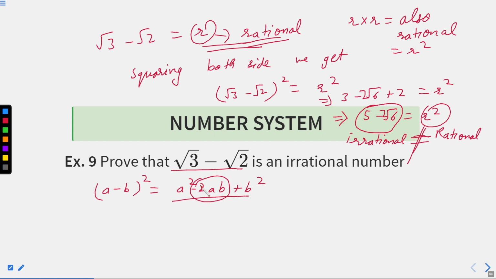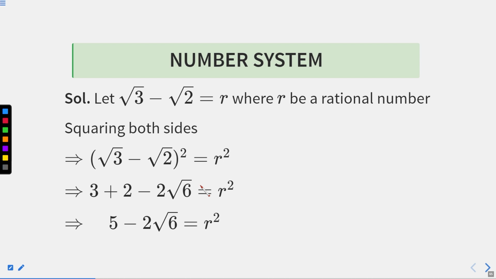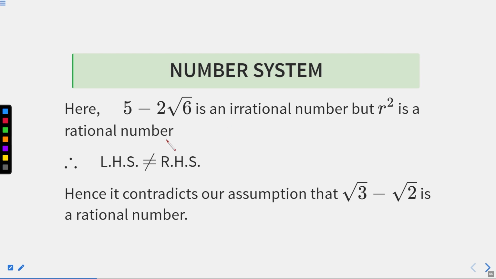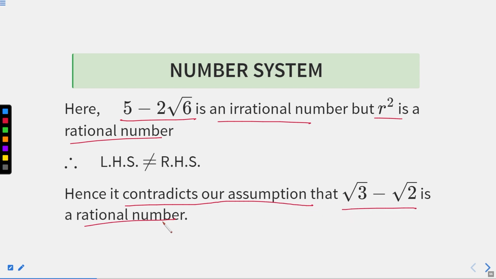No problem. Now the left hand side is irrational, but r square is rational, hence it contradicts our assumption that r is rational. So originally root 3 minus root 2 is irrational.